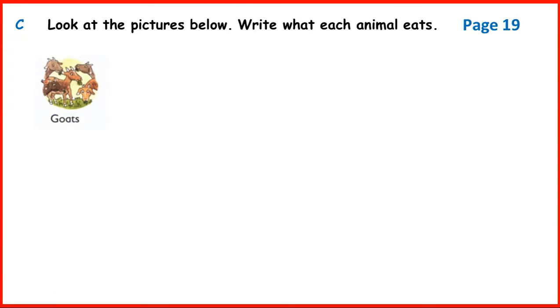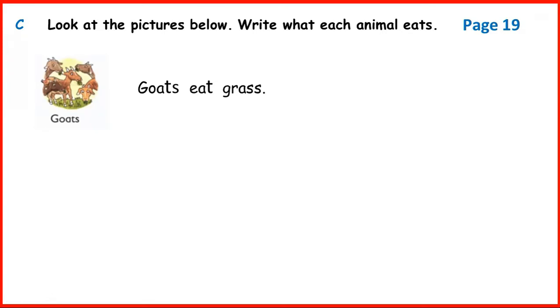Now see the next picture. Look at these goats. They are goats, and you know goats eat grass. So we write goats eat grass. Read this sentence. Goats eat grass.